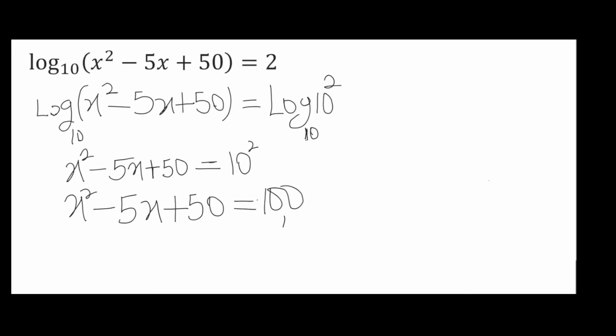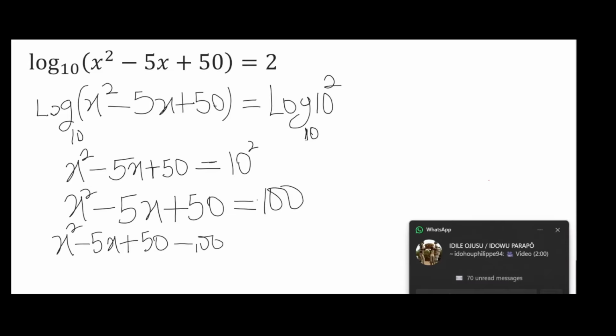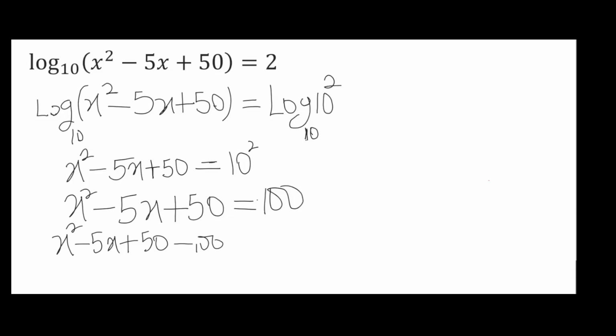So we have x to the power of 2 minus 5x then plus 50. Of course, we have minus 100 now equals 0.